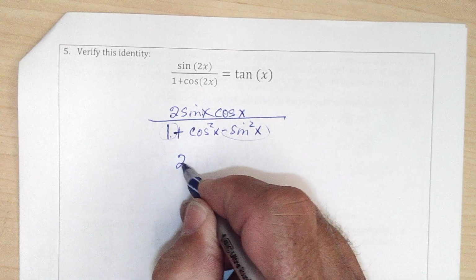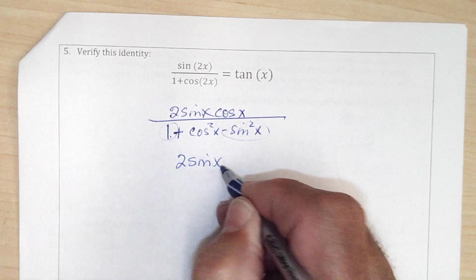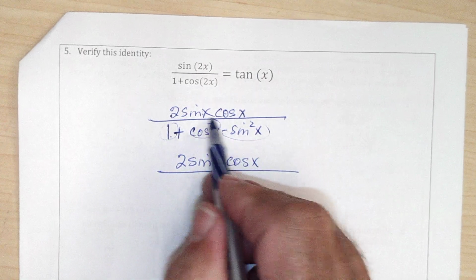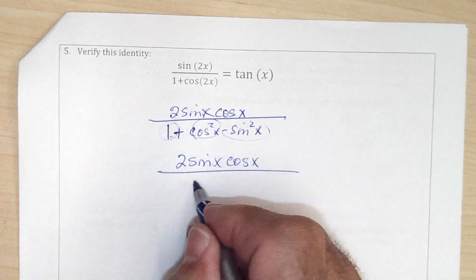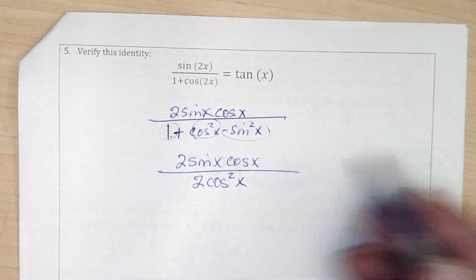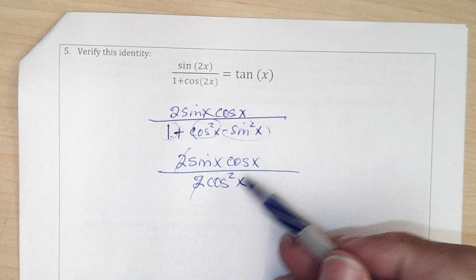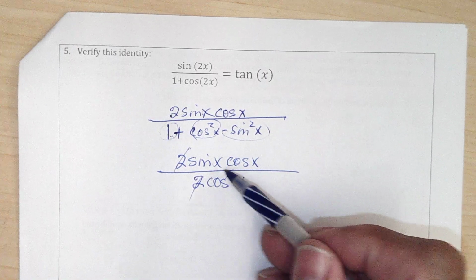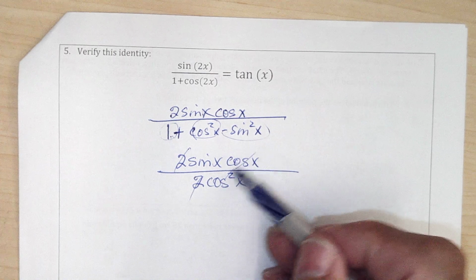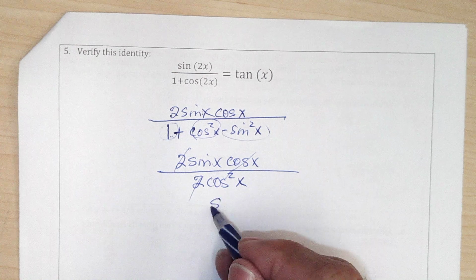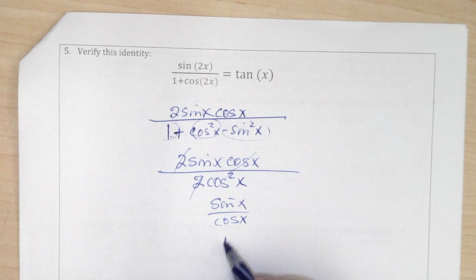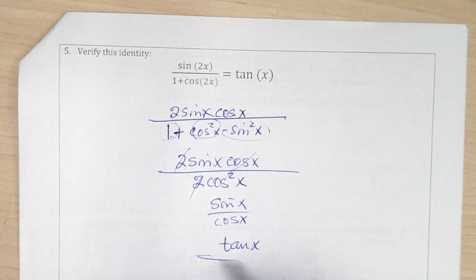So I've got 2 sine x cosine x over a cosine squared x, and another one, that's 2 cosine squared x. The 2's cancel. One of these cosines, since these are all multiplied, we can reduce that, cancels one of those, and we get sine x over cosine x, which is tangent x.